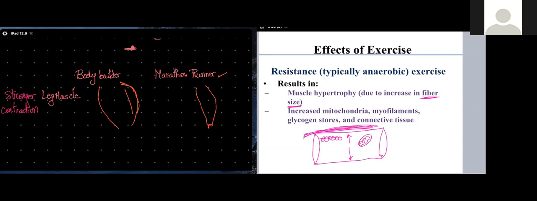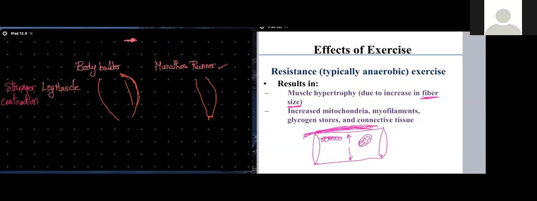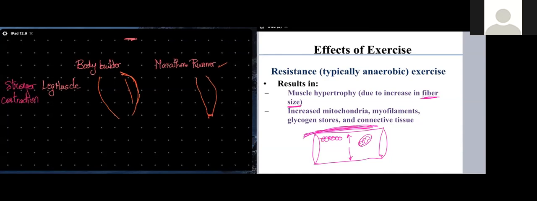Bodybuilder. What else? Bodybuilder. More fibers, so they will be performing stronger contraction. Bodybuilder. Yes, actually the bodybuilder has a stronger muscle contraction.